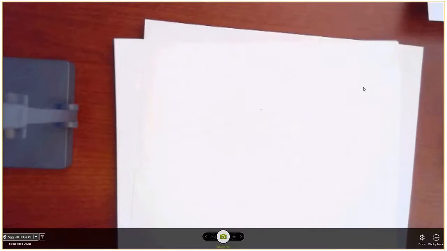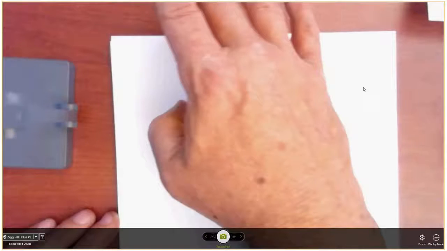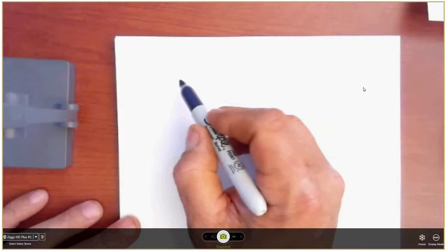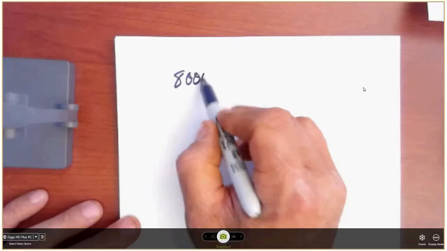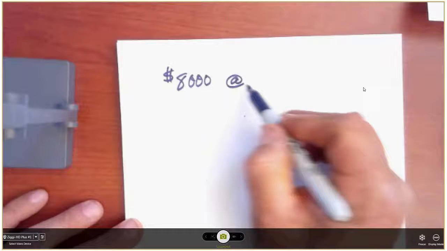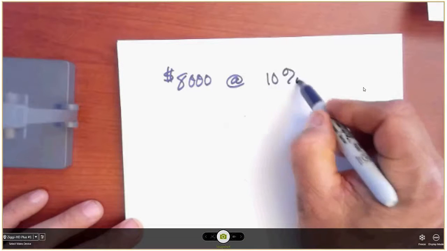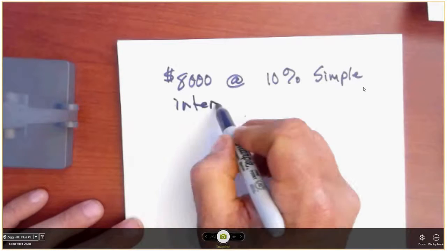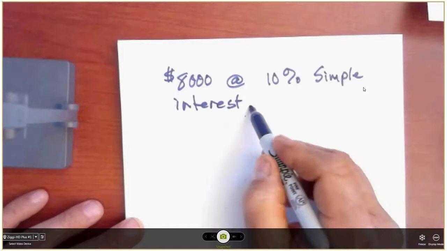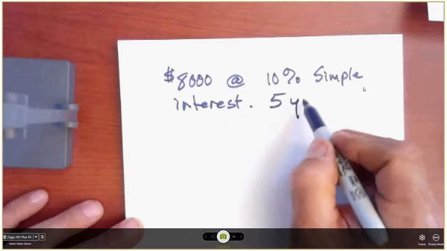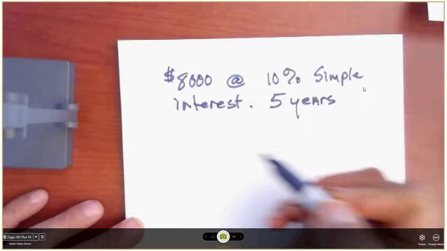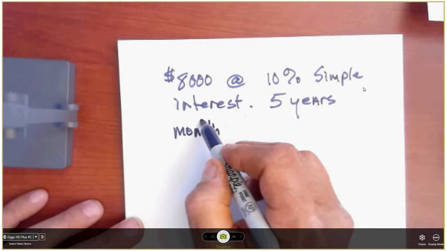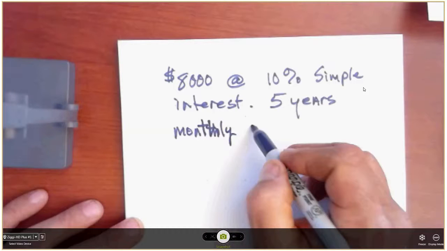You let somebody, and I usually tell somebody, like I said in class the other day, friends, family, and neighbors, you let somebody borrow $8,000 at 10% simple interest, and you give them 5 years to pay on it, but you tell them you want monthly payments.